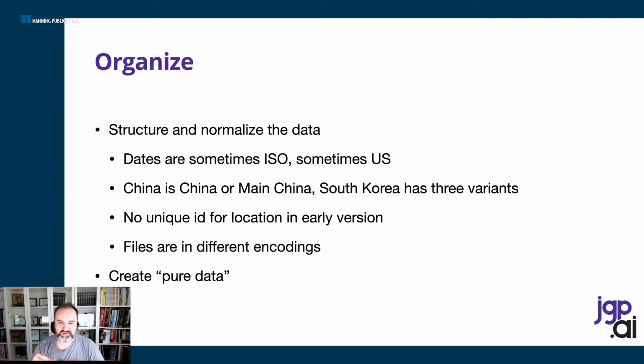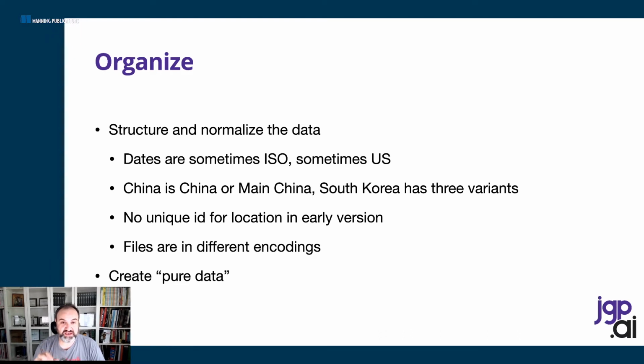China is written ISO China or mainland China. South Korea has 3 different variants. There's no unique ID for location in the early version of the format. So if you want to do aggregation per location, there's no way you can do that in a reliable way. And files are, of course, in different encodings, which, as you can imagine, simplifies drastically what we can do with the data.